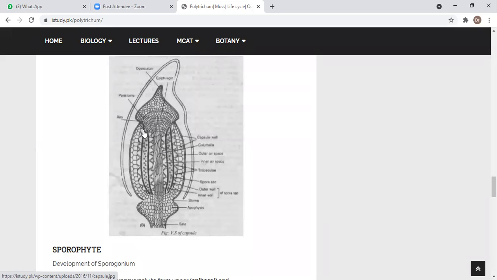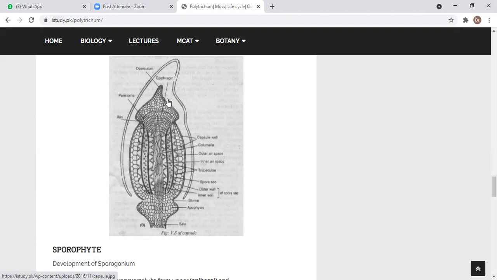In the central part of the sporophyte is the columella region, which is a connection from the seta region to the capsule, helpful for conducting food material from the gametophyte to the entire capsule region. Above this you can see a lid-like structure called the operculum.